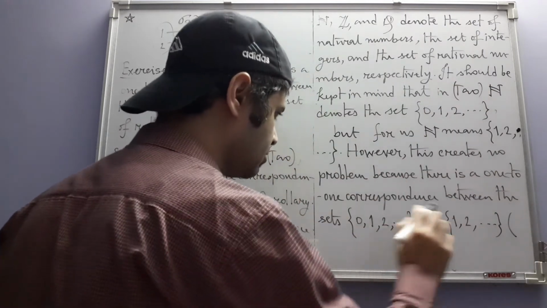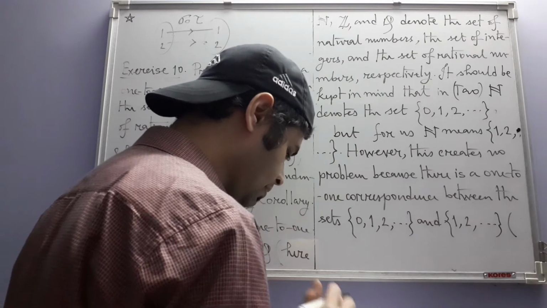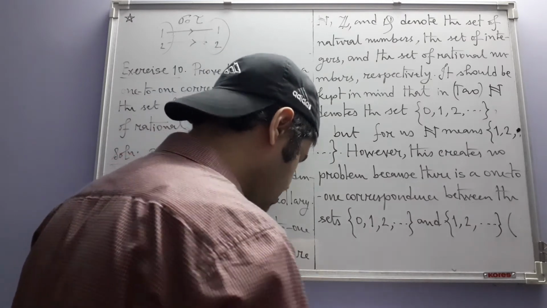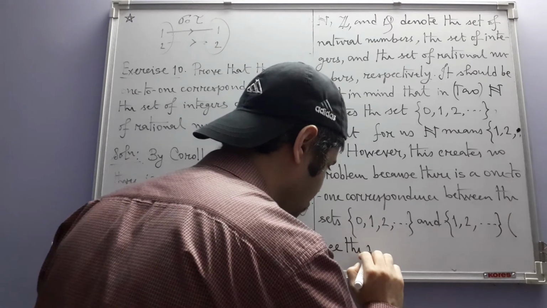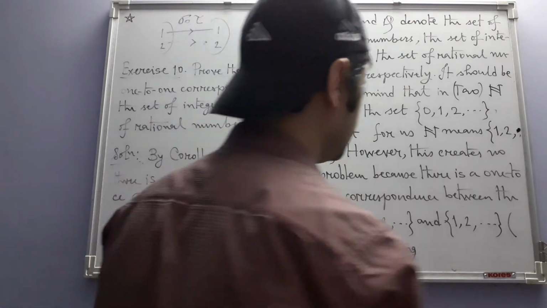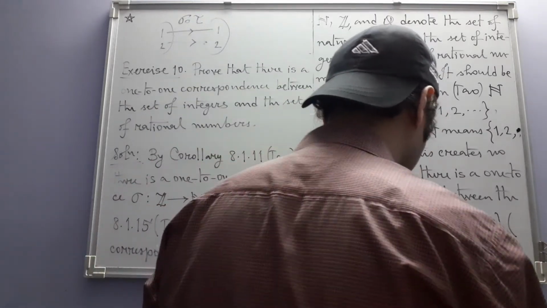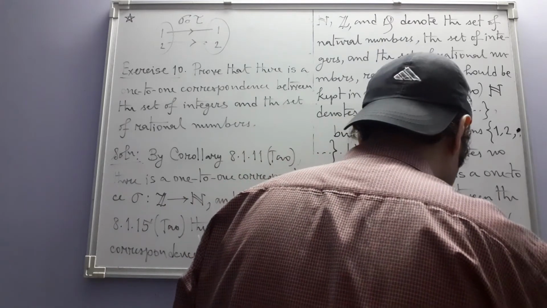To help you remember that, I will write this. See the function, or see the mapping, since we are using mapping, see the mapping tau in the solution to exercise 8C.